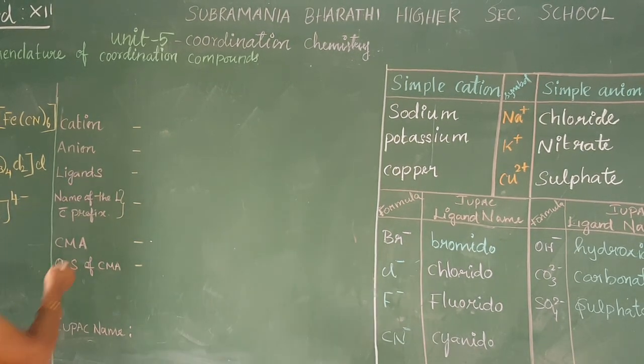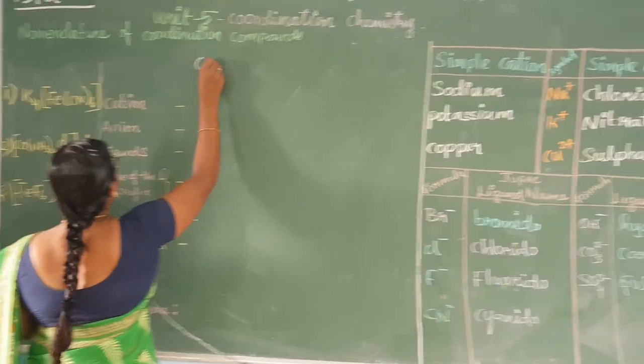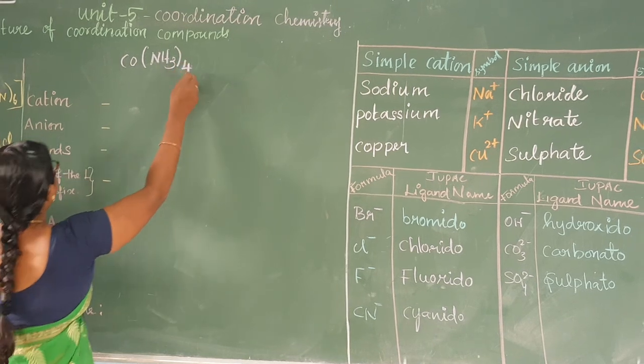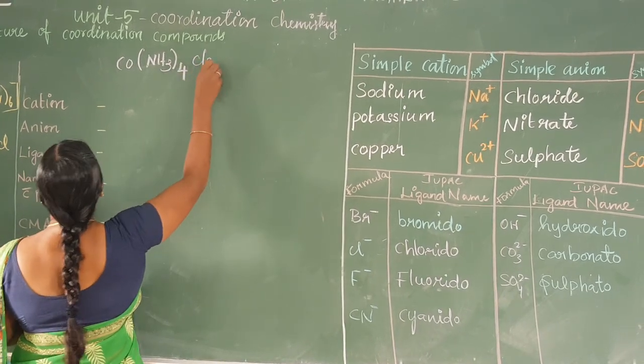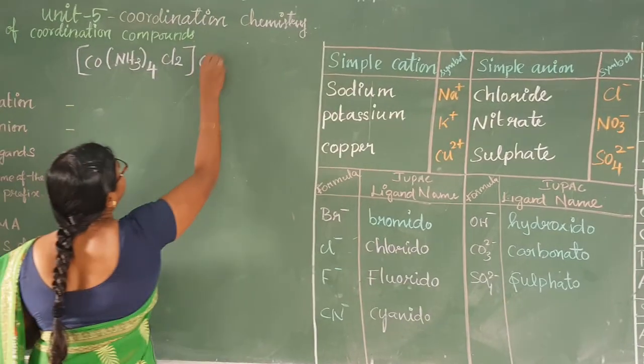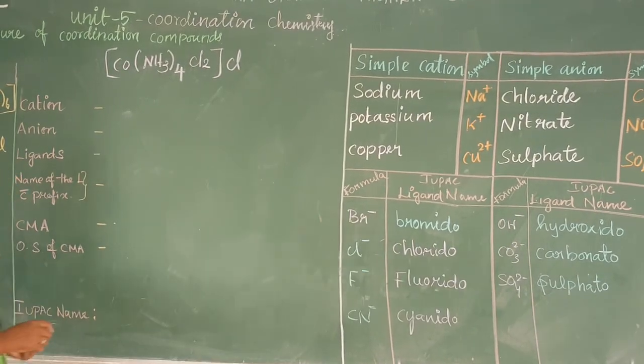I have written here [Co(NH3)4Cl2]Cl. Okay, this is our second example.